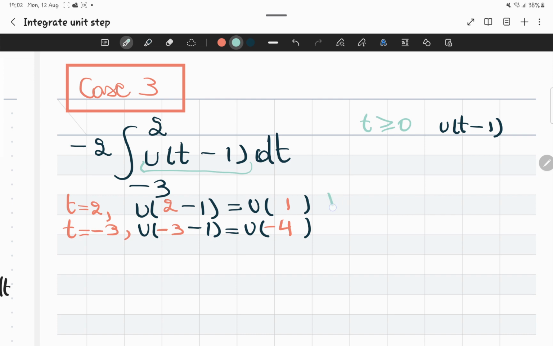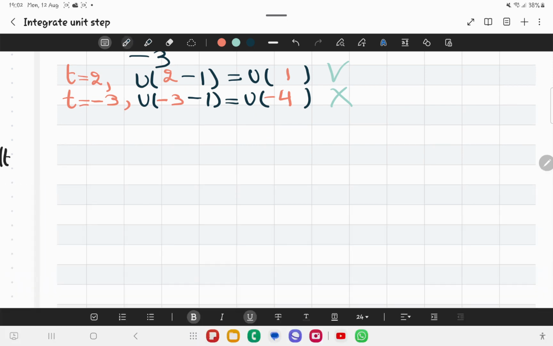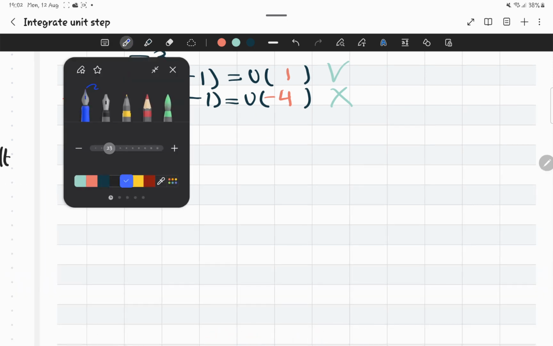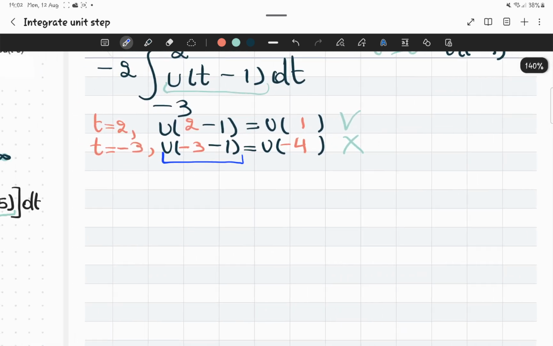Now in this case, this one verifies and this one does not verify. So what is going to happen here? We need to convert this in such a way that it becomes equal to 0, since our integral is going to start from 0 to plus infinity.